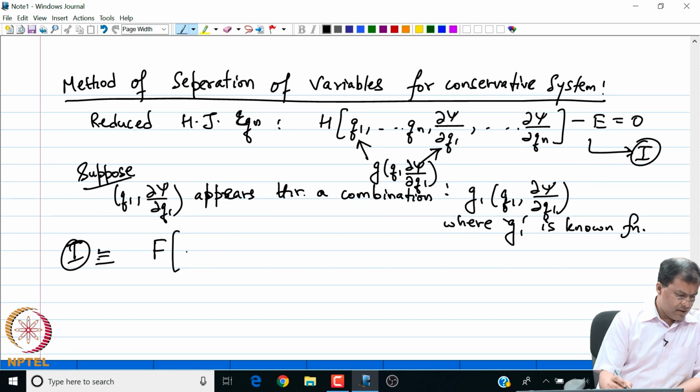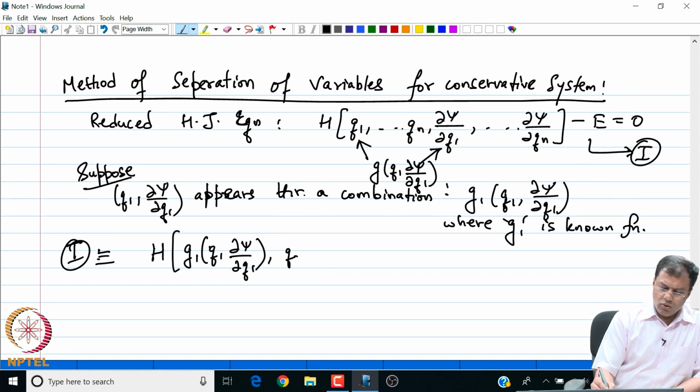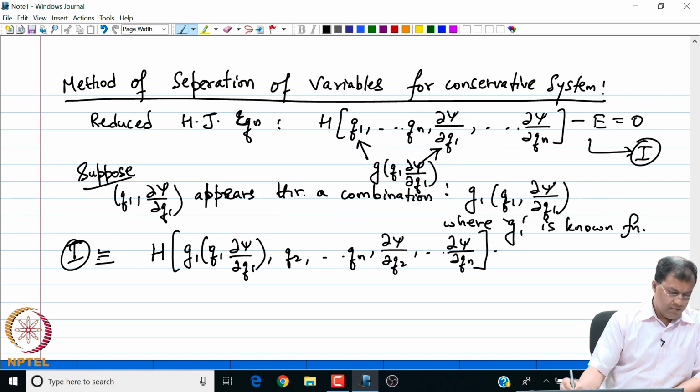This is h now, h of g1 of q1 comma del psi del q1, right, comma q2 to qn comma del psi del q2 comma del psi del qn, minus E is equal to 0, right.